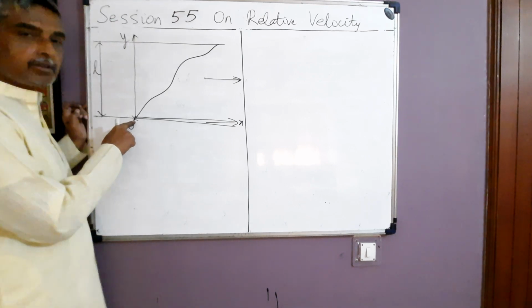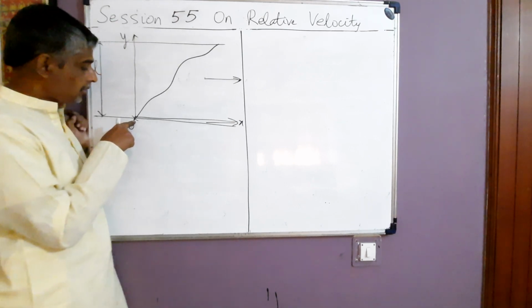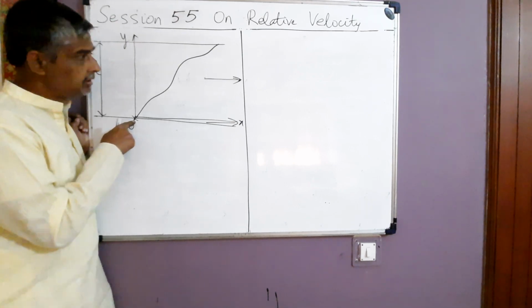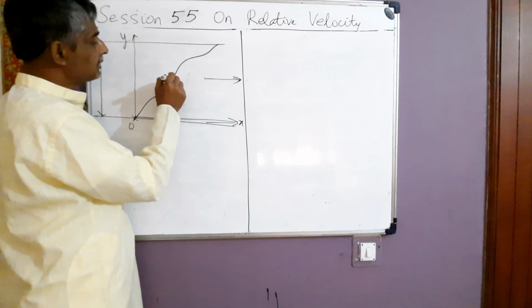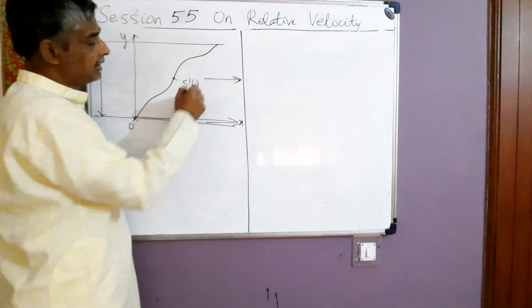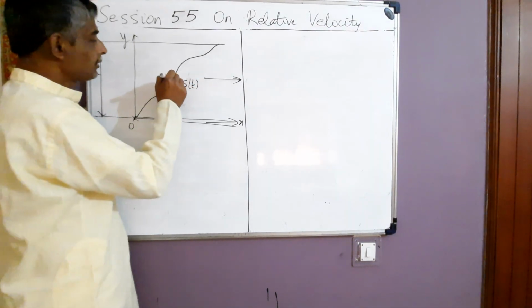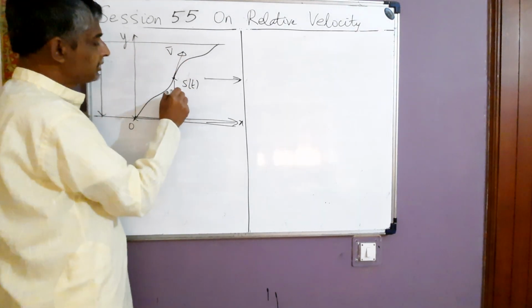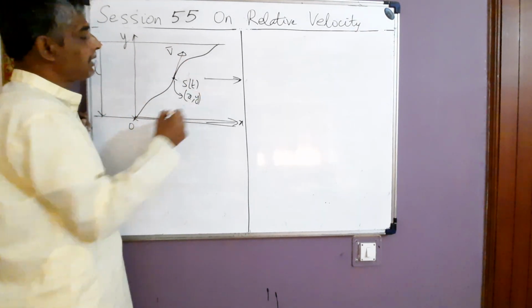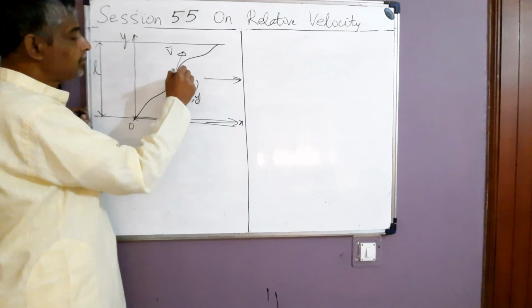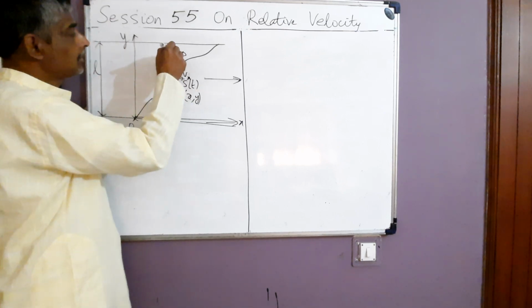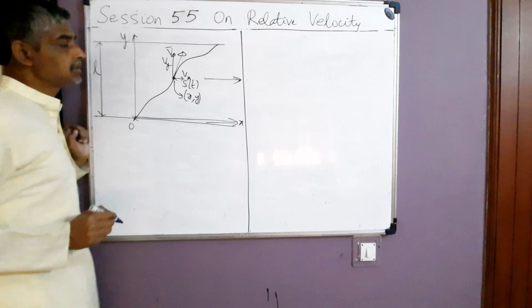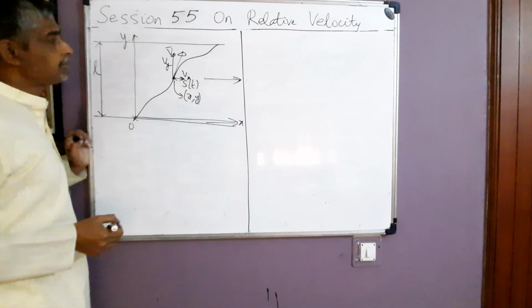Swimmer was initially somewhere here on the south bank. At some instant t, swimmer is somewhere here, S(t). S for swimmer, t for time. Velocity of swimmer is v, tangent to the path. Coordinates of swimmer at time t are x, y. X component of velocity is vx and y component of velocity is vy.